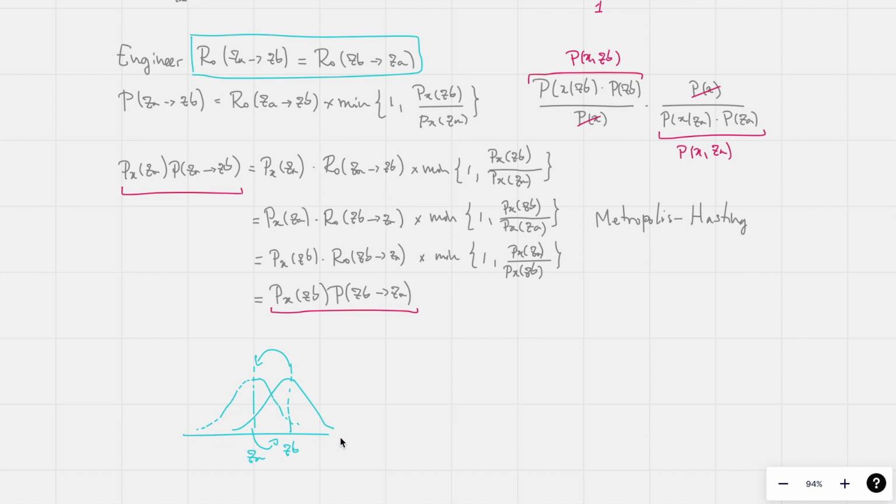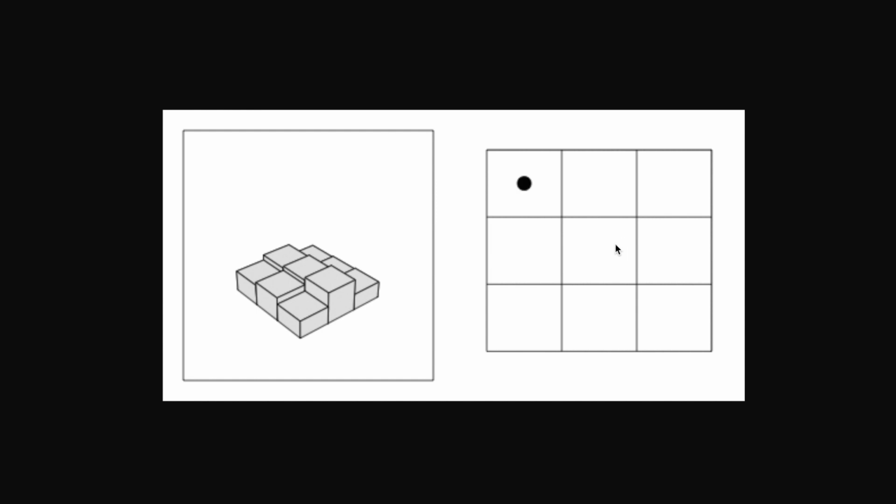Also observe that not every distribution here is symmetric. The example that we gave in the beginning with the jumping points here does not have the property of being symmetric. The probability of going from the top left corner to the top row here is not the same as going from the top row to the top left corner.